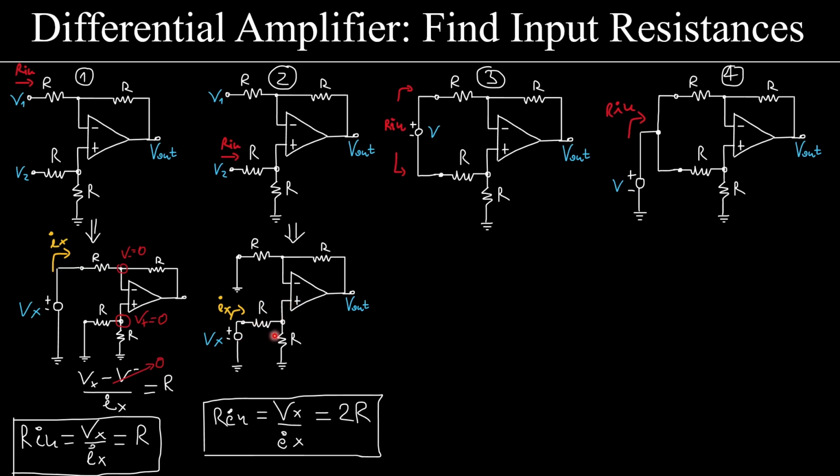So since these 2 resistors are connected in series, have a common current, and both of these ends are connected to the battery, since the ground means that this terminal is common here, I can simply say that these 2 resistors are in series and take Ohm's law for these resistors, which would be Vx over Ix is equal to 2R.